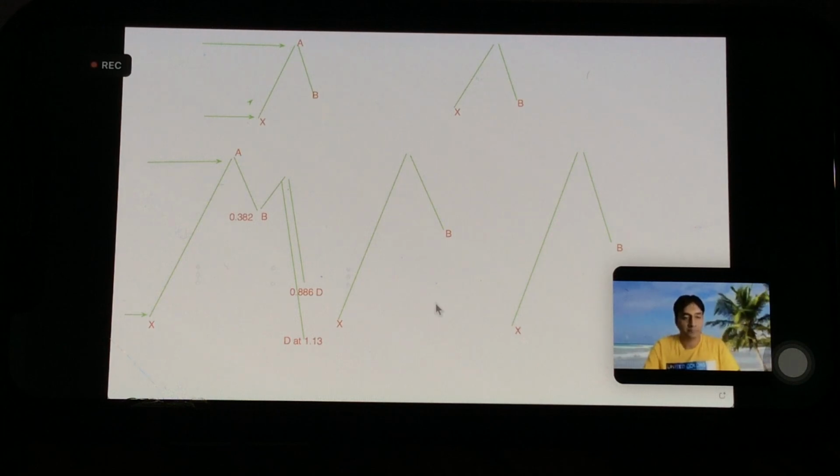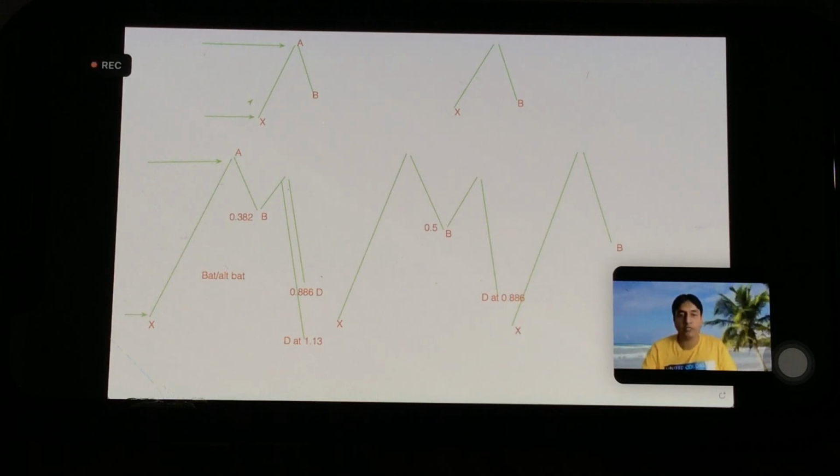So this is bat or alternate bat, right? Then this is 0.5. So 0.5 is usually bat pattern. So bat means we will be getting D at 0.886.